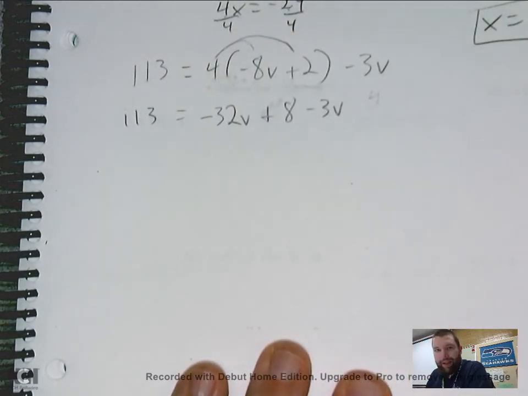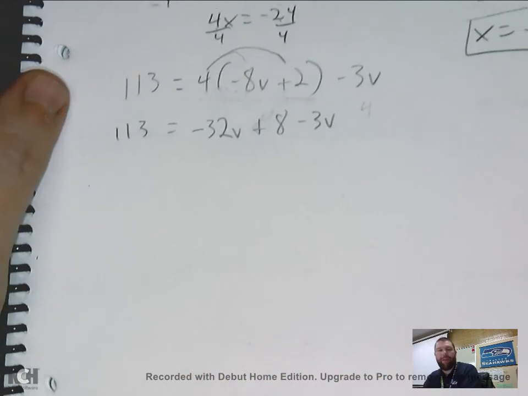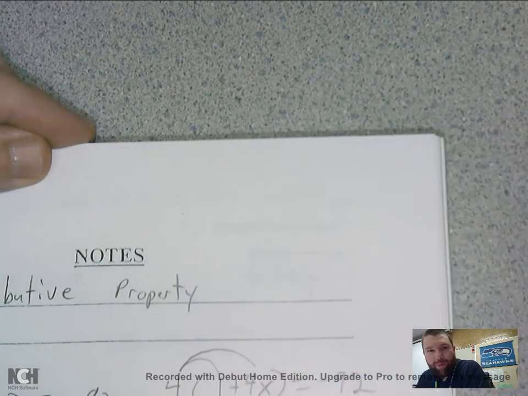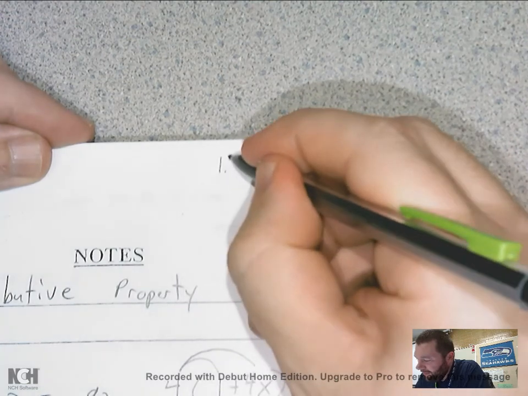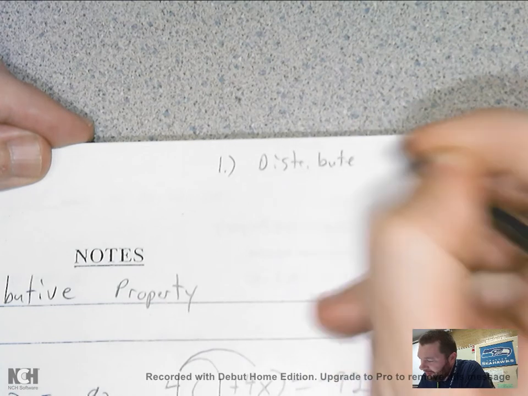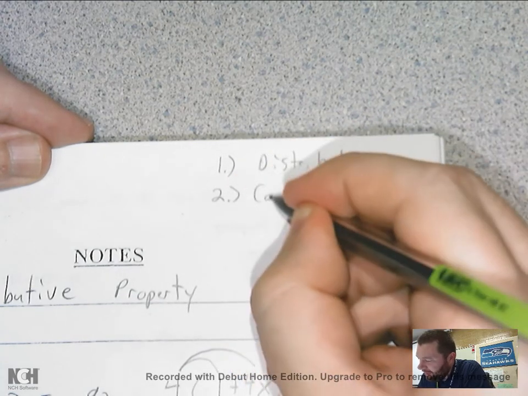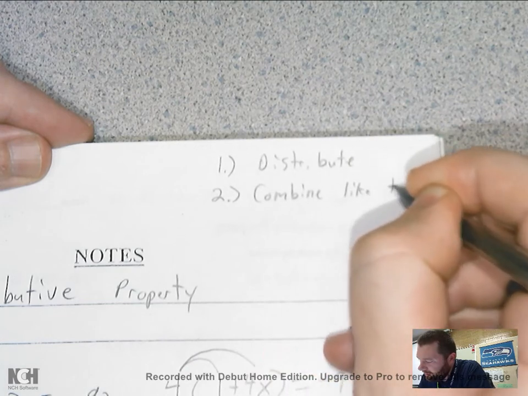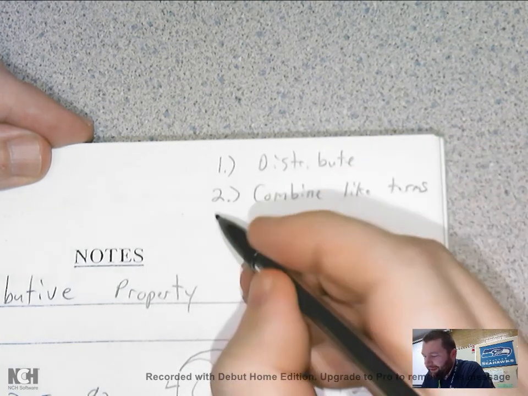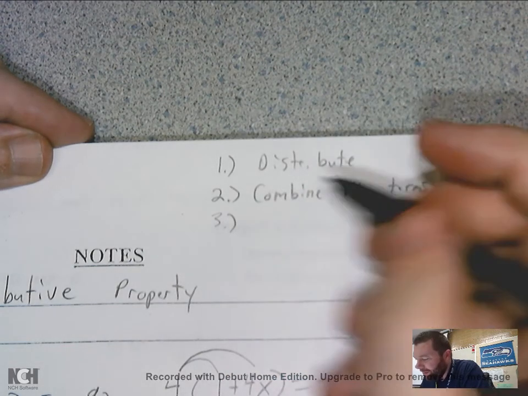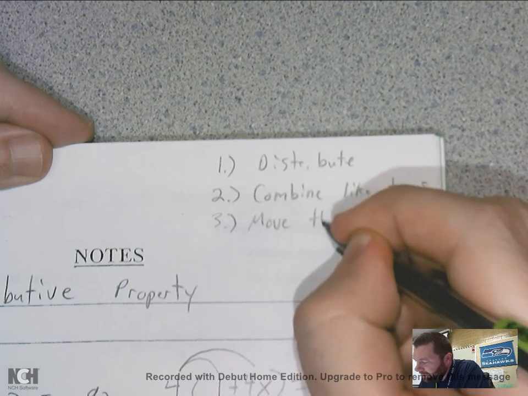Now, next step, and this is generally what we do with multi-step equations, and maybe I should write these steps out here. So when I have multi-step equations, there's 4 general steps I follow. The first step is to distribute, which I did. The second step is to combine like terms. Now this isn't going to come into play today because there's only one variable, or the variable's already on one side, but the third step is to move the variable to one side.